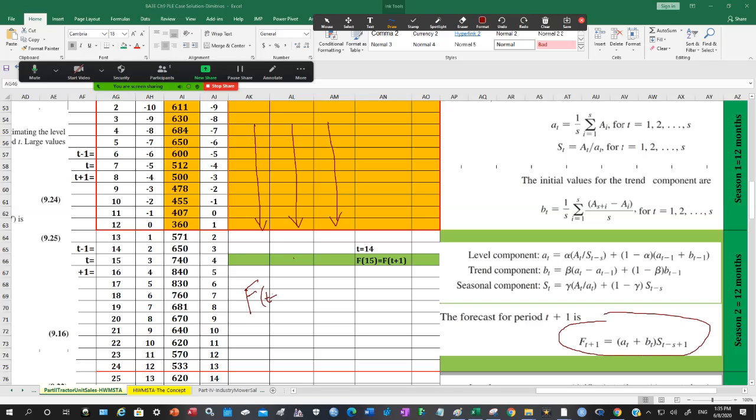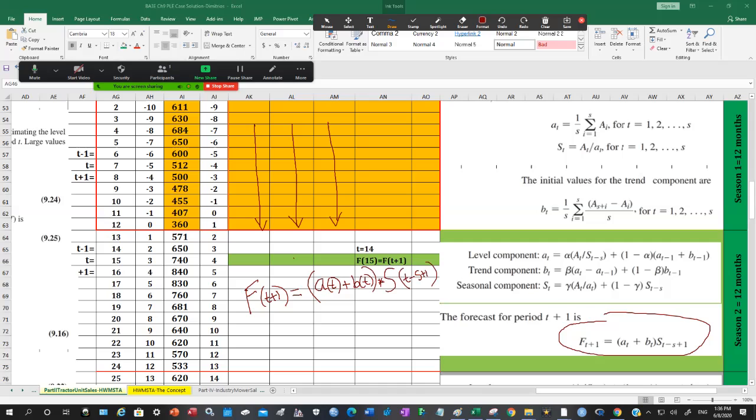The forecast of period t plus 1 equals the sum of the level component plus the trend component multiplied times the seasonal component of t minus s plus 1.